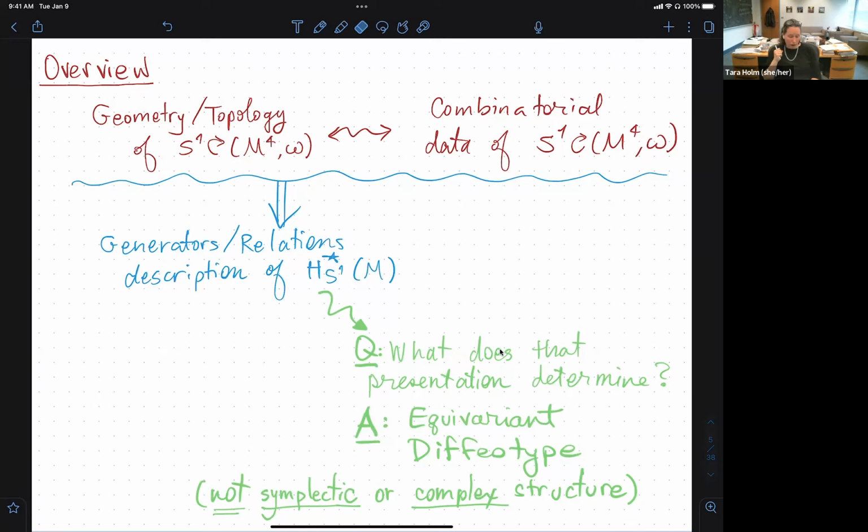But we cannot see the symplectic structure, which I'll explain why it's not too surprising. And we also actually can't recover the complex structure. In terms of how we explicitly construct things, complex structures get messed up.